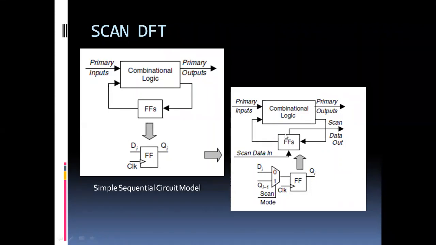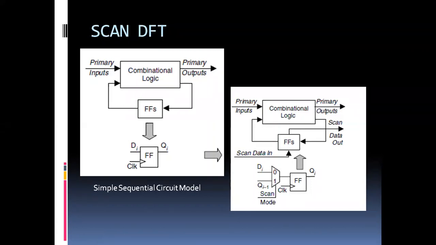So I'm able to understand what is PPI and what is PPO by inserting this extra logic, and I'm able to control the state and observe the state of my sequential or storage element. So this is what we understand by scan.